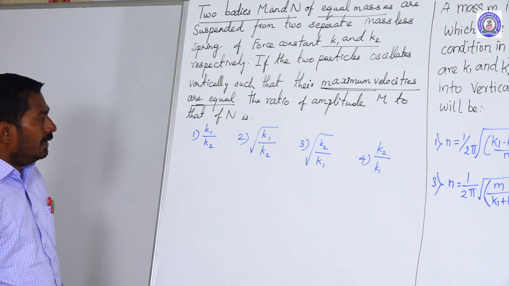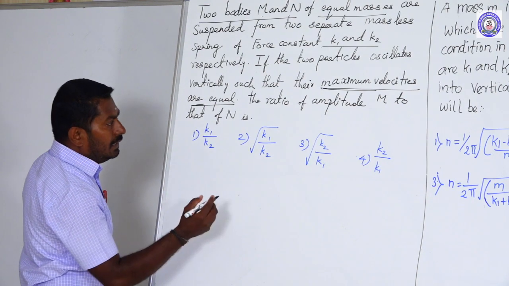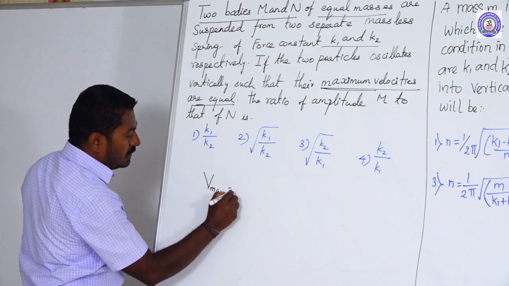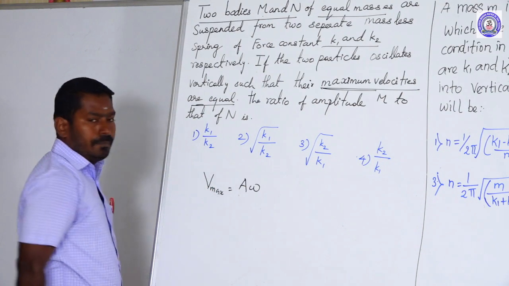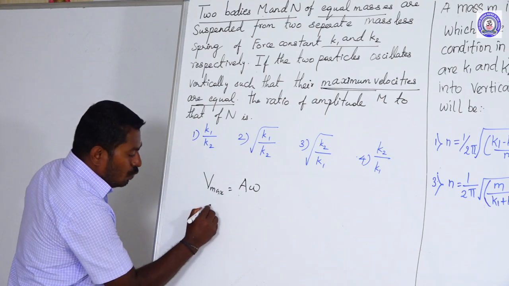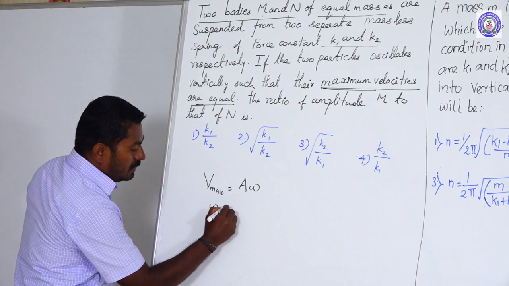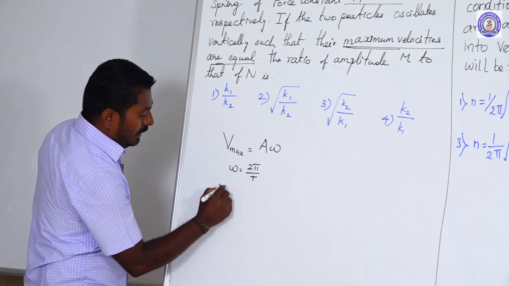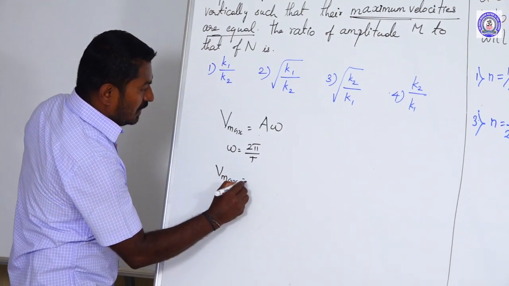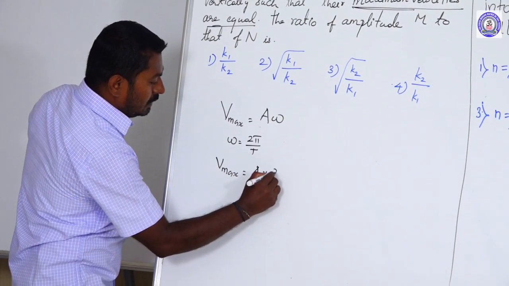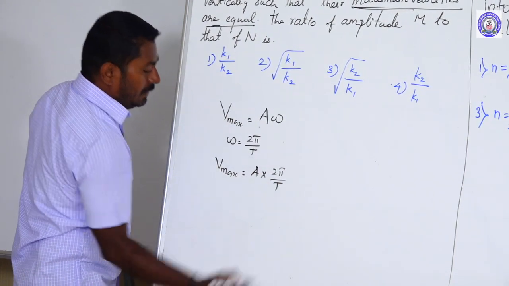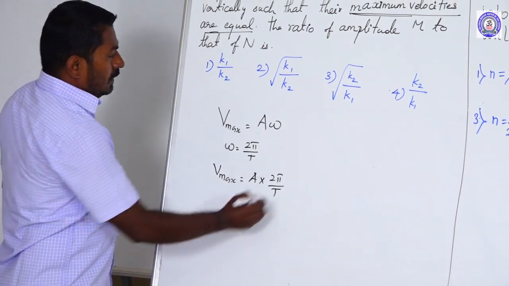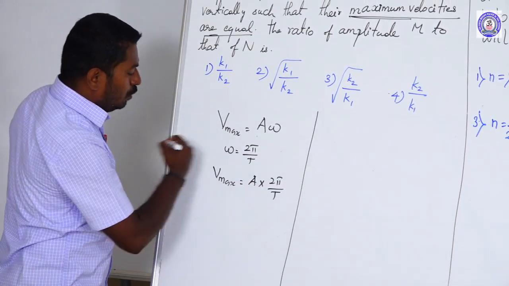The maximum velocity in simple harmonic motion, v maximum, is equal to a omega. Here omega is the angular frequency, which is equal to 2 pi divided by T, so v maximum is equal to a into 2 pi divided by T. We compare this equation for two cases.